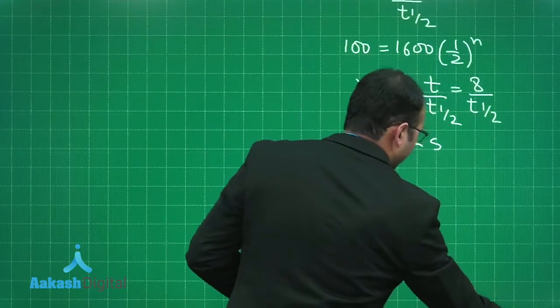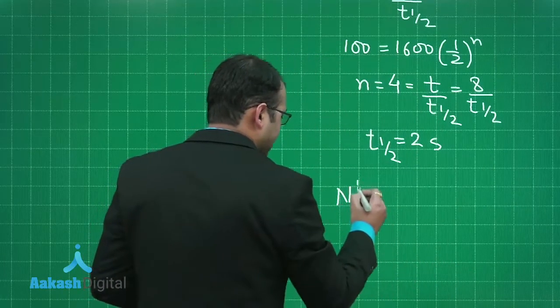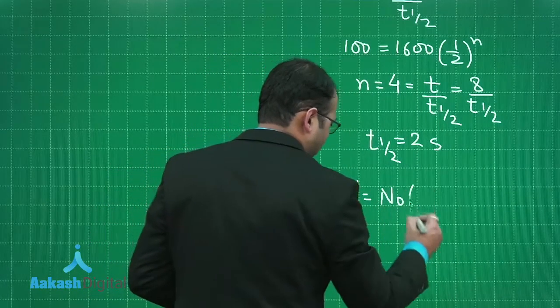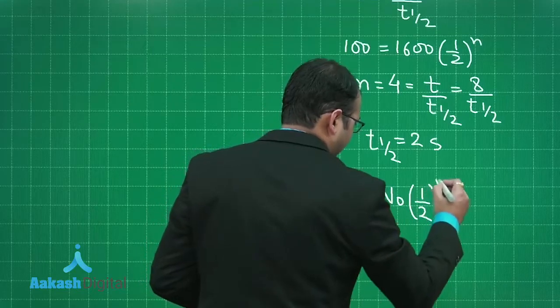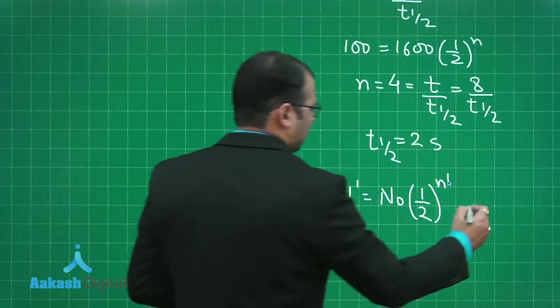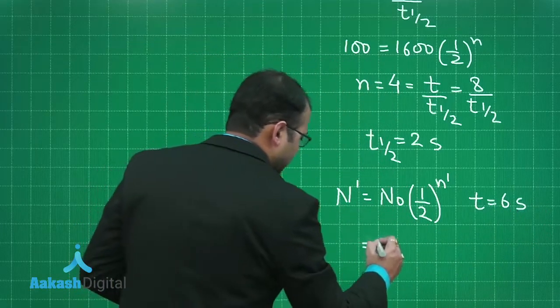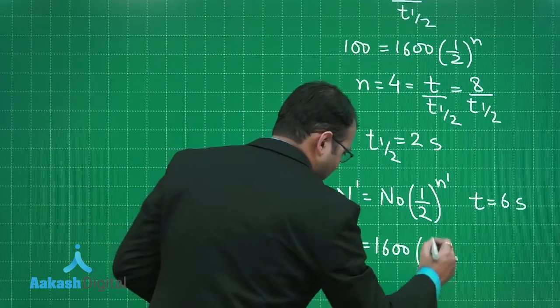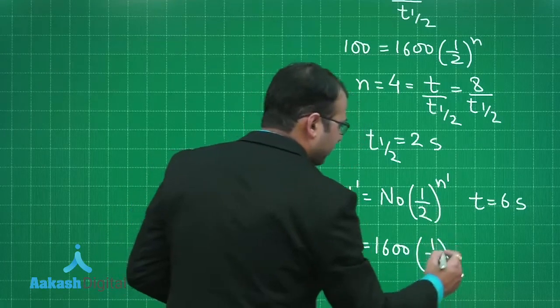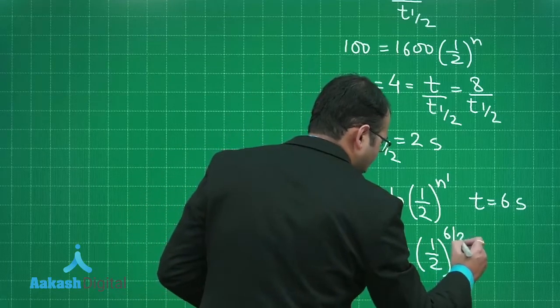Now, let's take the next case. N dash is equal to N naught into 1 by 2 to the power n dash. And this time I have to take the time as 6 seconds and we have to find what would be the number here. So this is 1600 times 1 by 2. What is the value of n dash? 6 by 2.